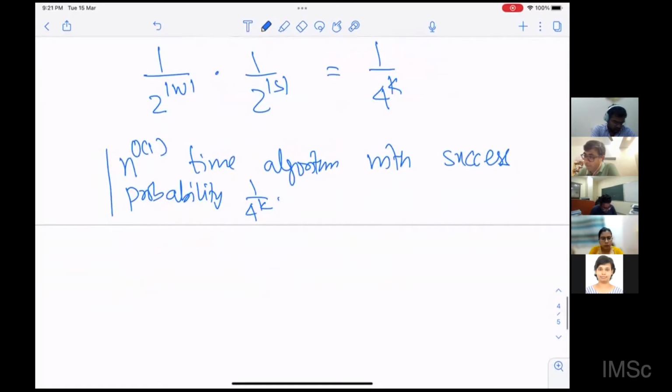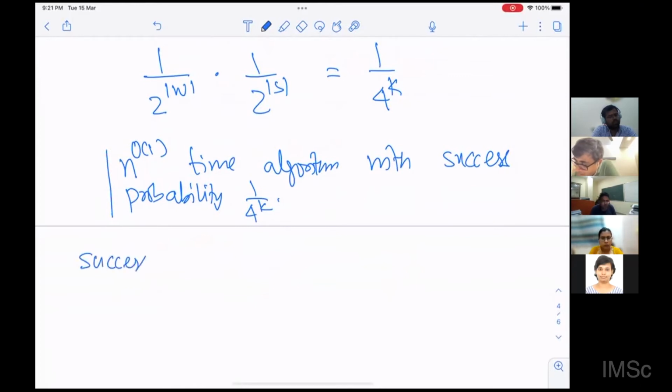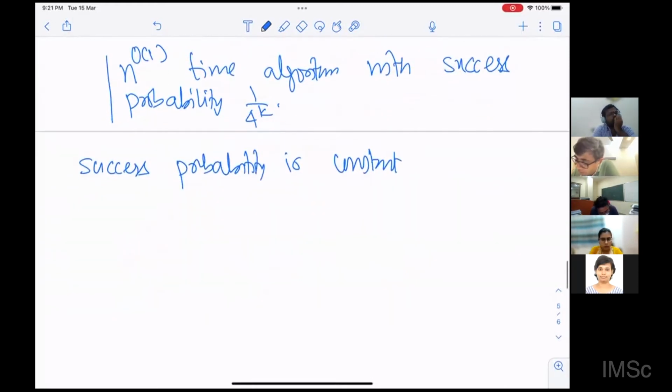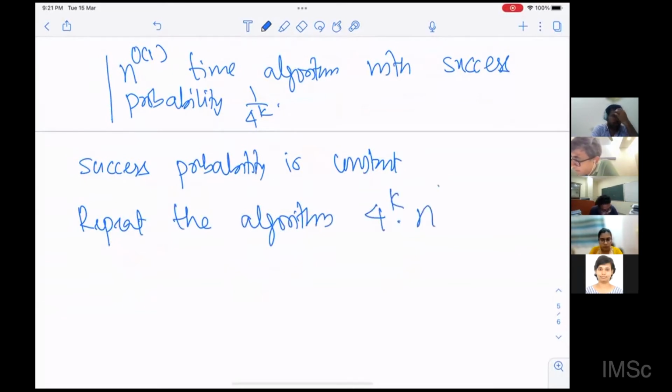But in a randomized algorithm, we need to make sure that the success probability is constant. So what did we do for this? We said, repeat the algorithm 4 to the power k times, say n to the power O(1) times, independently.